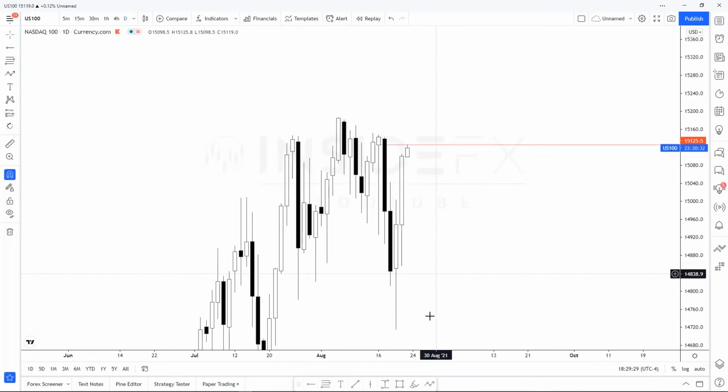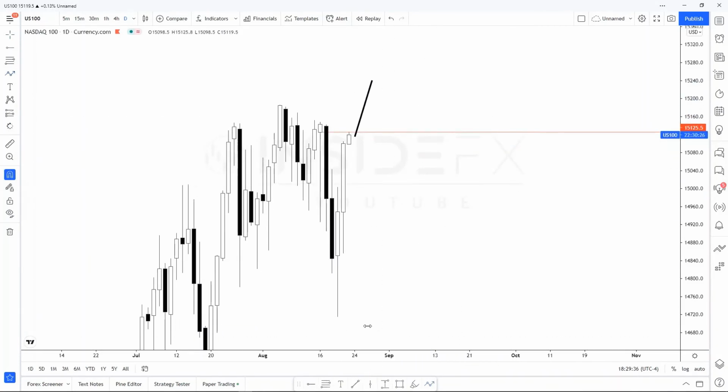But if price breaks the highs and makes another all-time high, you can then use the last candle as a potential order block, or you can use the high of this imbalance, which you can then start to stalk for long opportunities. But in this instance, I would rather wait for the last down close candle.